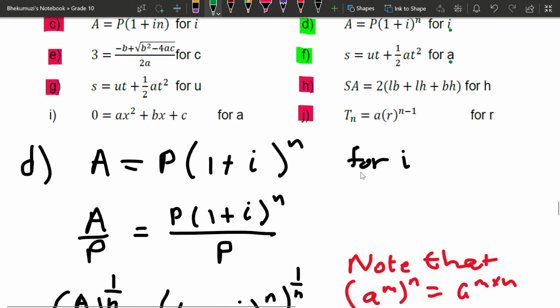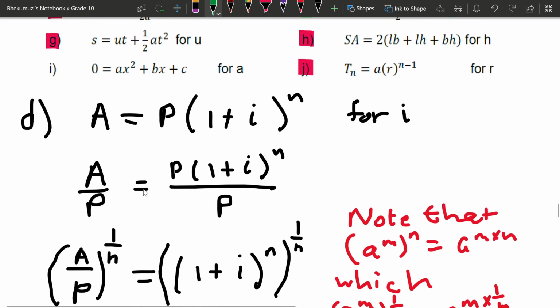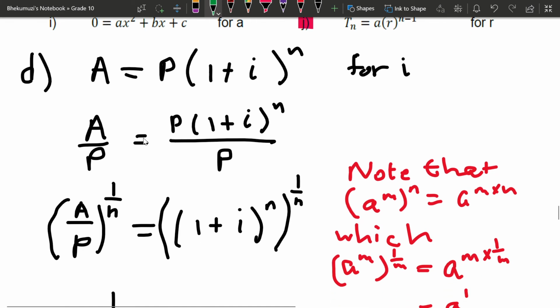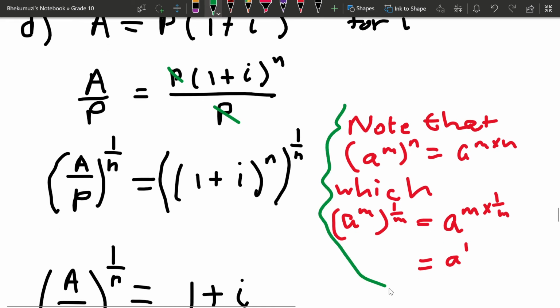Basically for I, you just divide by P. You just solve it as you would normally solve a general equation. So I divide, this cancels out, then I'm left with 1 plus I all to the power n. Since it's 1 plus I all to the power n, I multiply it by 1 over n as an exponent.